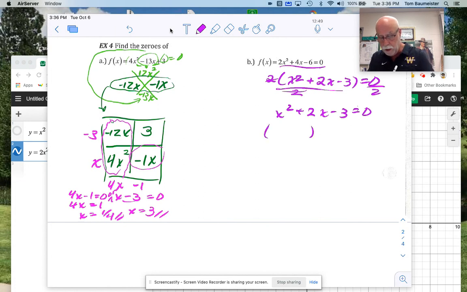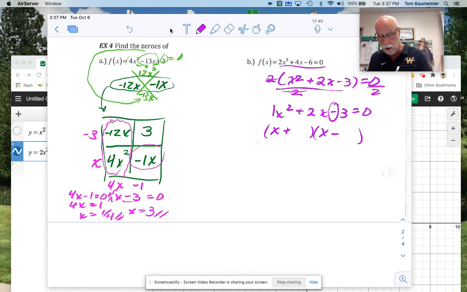Again, what I just showed you up above, since I have a coefficient of 1 there, I can put an x here and an x here. I look at this sign here, again, it's negative, so I know I have to have one that's positive and one that's negative. And what are factors of 3? Well, it's just 3 and 1. So where are you going to place it so that you get a positive 2x?